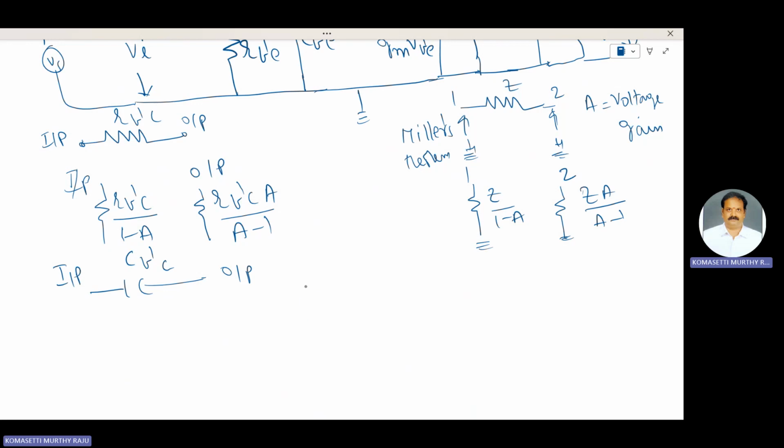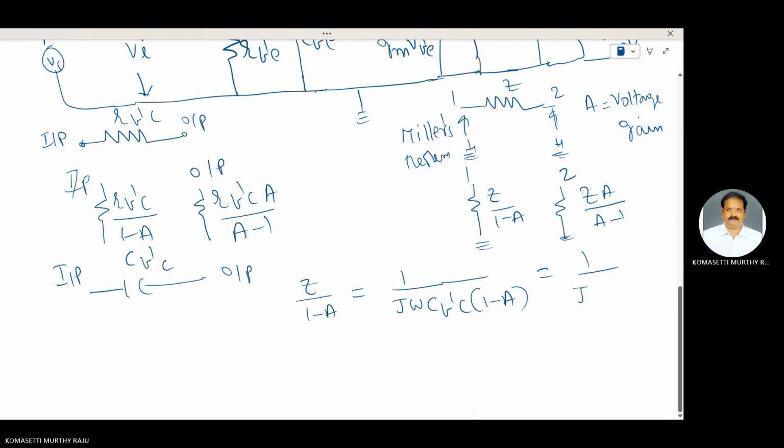The input side impedance is Z by 1 minus A, where Z is the impedance of the capacitance CB'C, that is 1 by j omega CB'C, into 1 by 1 minus A. Let CB'C into 1 minus A be C1.